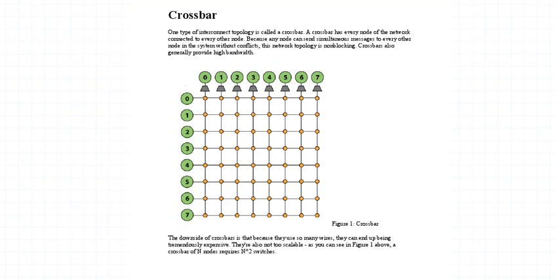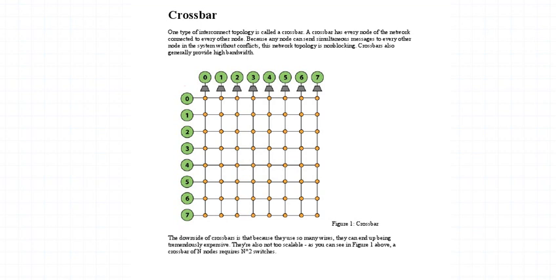The salient feature of this crossbar interconnection network is that all the processors are connected with each other via some switching devices. These tiny yellow circles are your switching devices.